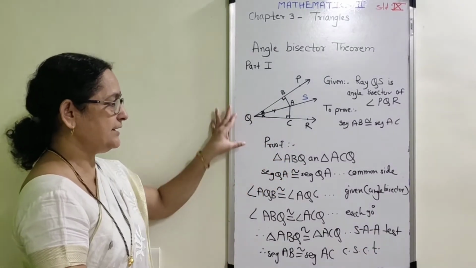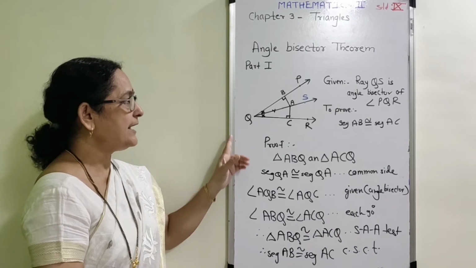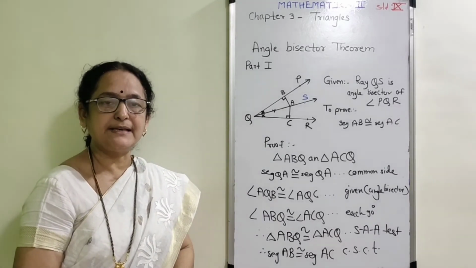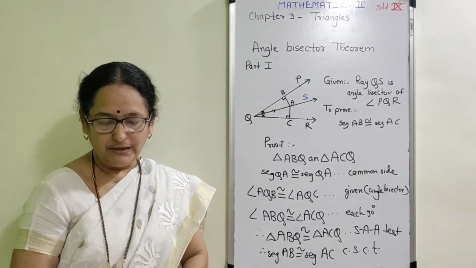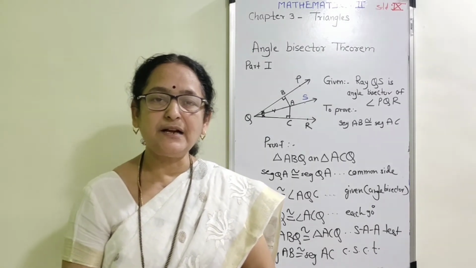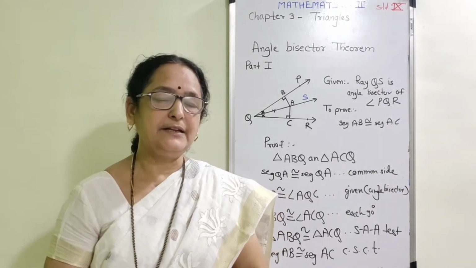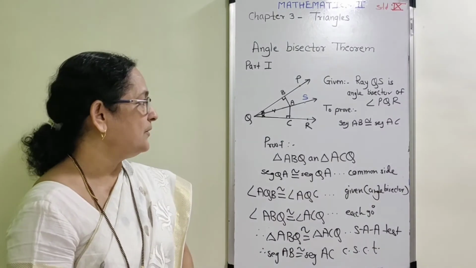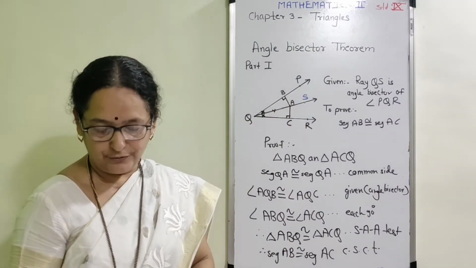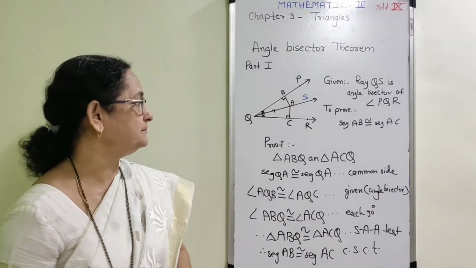Now students, here I have completed the entire proof of angle bisector theorem. Now we are going to learn the second part of the theorem, that is the converse of the theorem, where the position of given and to prove is changed.